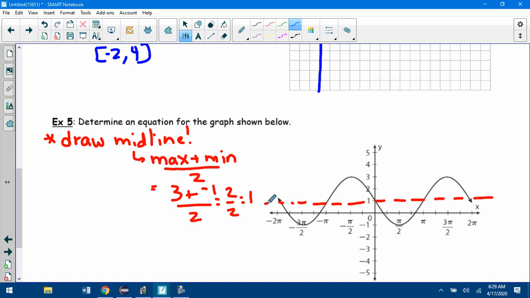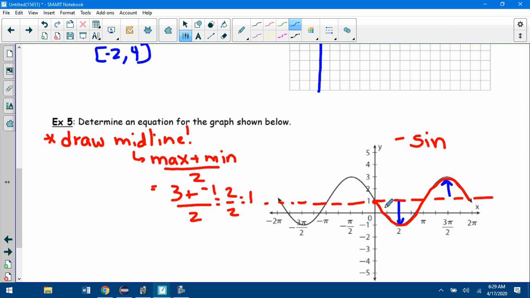Okay, so now starting at 0, trace out one cycle. What type of graph does that look like? Well, it starts on the midline, but it goes down first. So this is going to be a negative sine graph. You can get the amplitude either by doing max minus min divided by 2, or you can look at how far down and how far up from the midline you go.